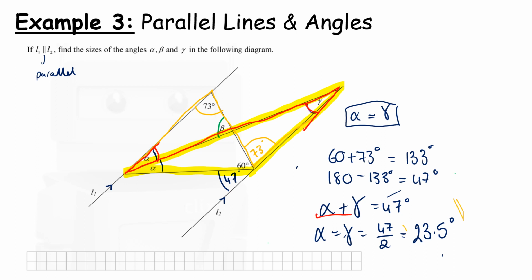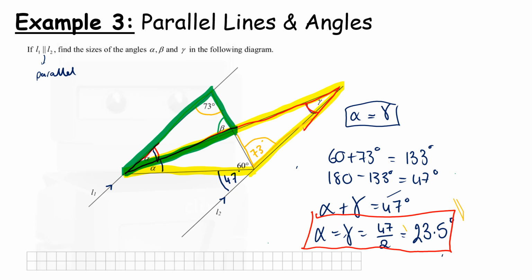Let me change my pen color. It's absolutely fine. There's no problem with that at all. We don't see it much anymore, but this is an older question. So now that I know what alpha is, I can come along and look at this triangle here. For this triangle, we can say that alpha, which is 23.5, plus beta plus 73 should again equal 180 degrees.